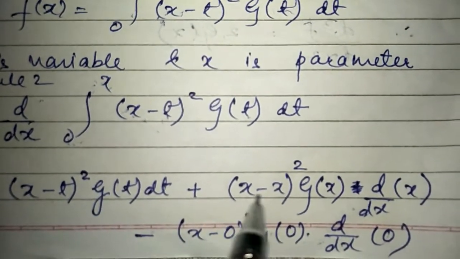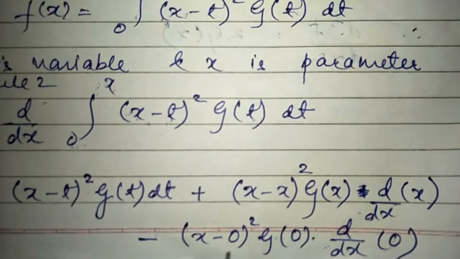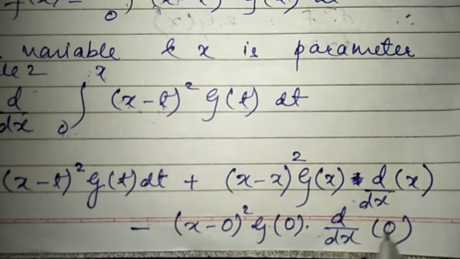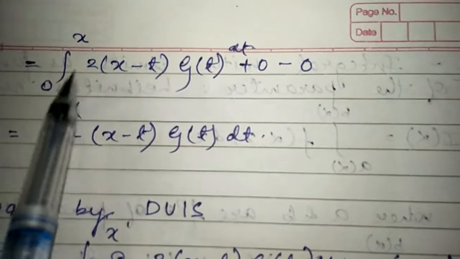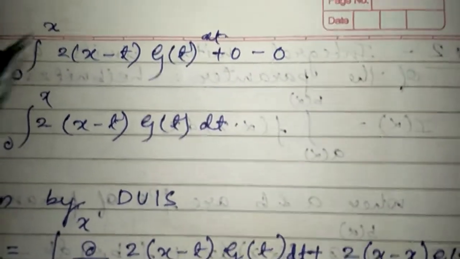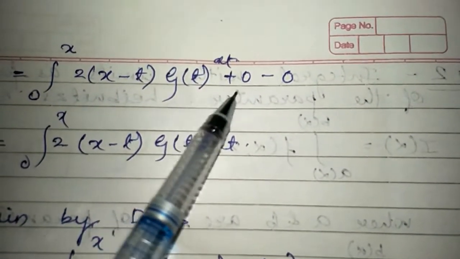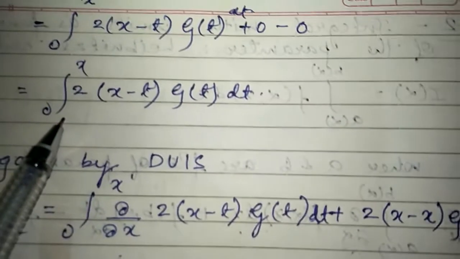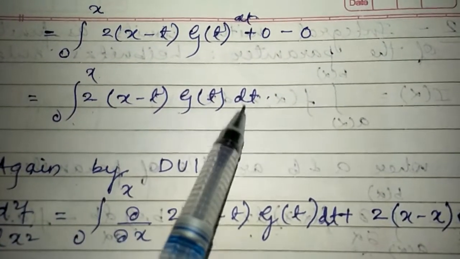Now we have (x minus x) whole square, so this is 0, so this term is 0. And here we have d by dx of 0, that is 0, so this term will also be 0. So we have the integral from 0 to x of 2 times (x minus t) g(t) dt plus 0 minus 0, that is the integral from 0 to x of 2 times (x minus t) g(t) dt.